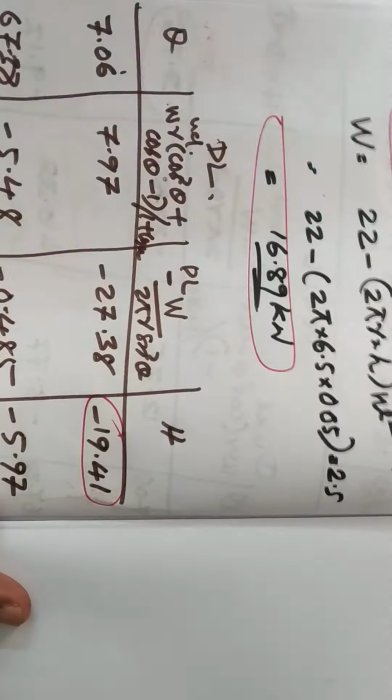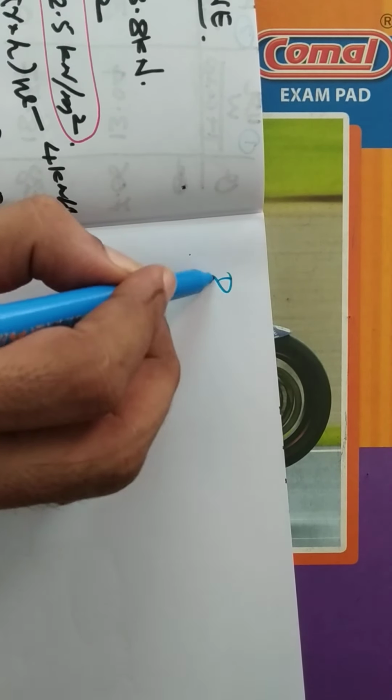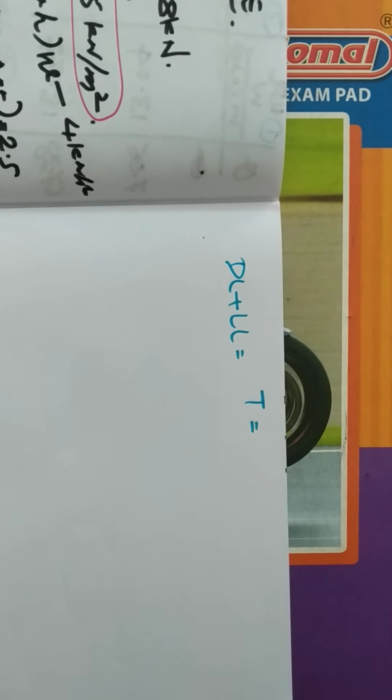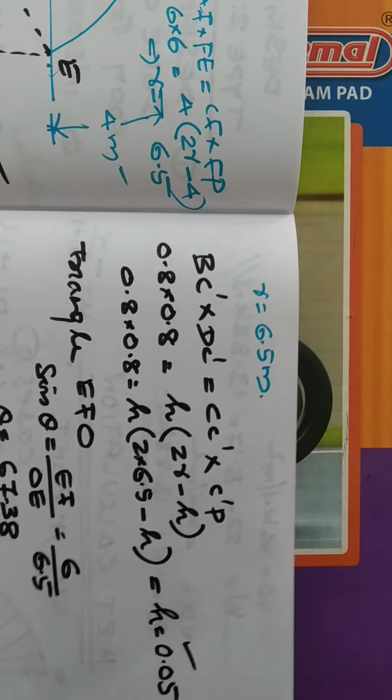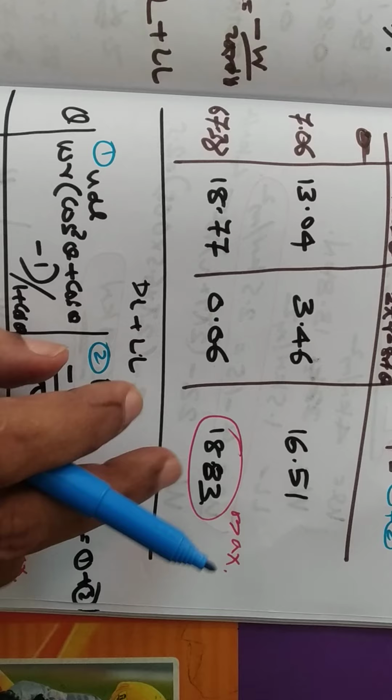So you will be having a couple of values. We will write here, easy for you to understand. When I took dead load plus live load combination, you got T, the maximum value of T is 18.83.